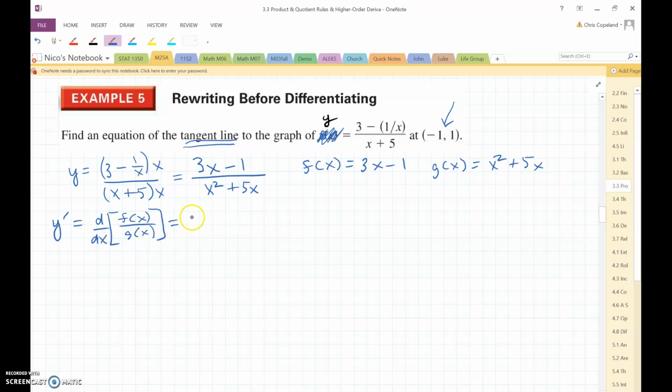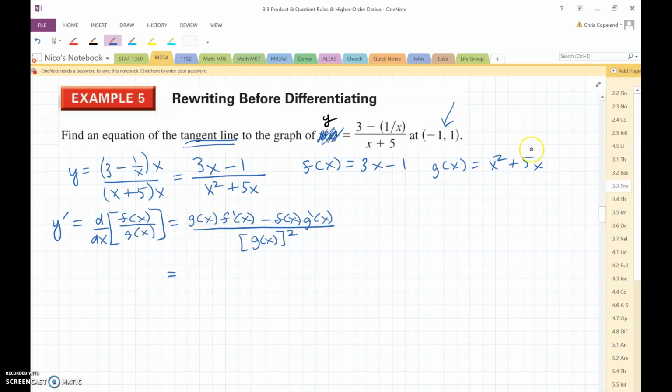And we know this rule here is g of x times f prime of x minus f of x times g prime of x, all over g of x squared. So now let's just fill this stuff in.